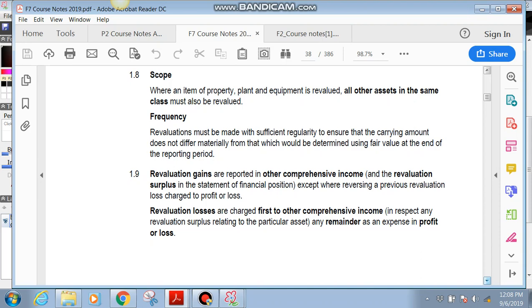If it's a gain, the gain will be reported as a revaluation gain in other comprehensive income.